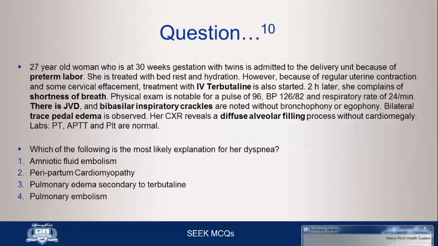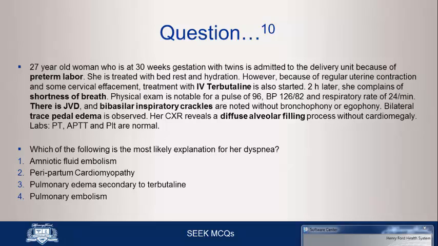Question. A 27-year-old woman at 30 weeks of gestation with twins is admitted to the delivery unit because of preterm labor. She is treated with bed rest and hydration. However, because of regular uterine contractions and some cervical effacement, she was given IV terbutaline. Two hours later, she complains of shortness of breath, and physical exam is notable for a pulse of 96, blood pressure 126/82, respiratory rate of 24.